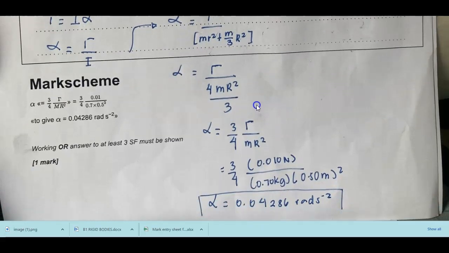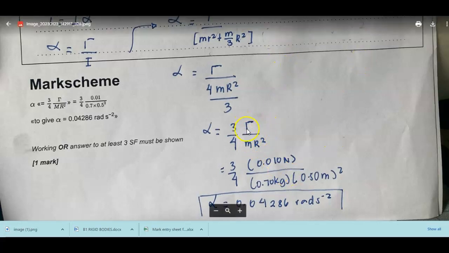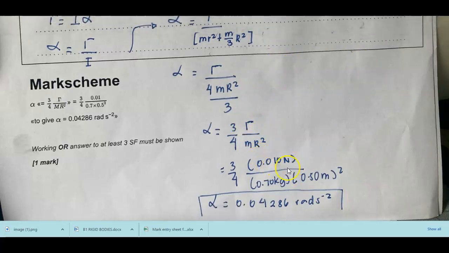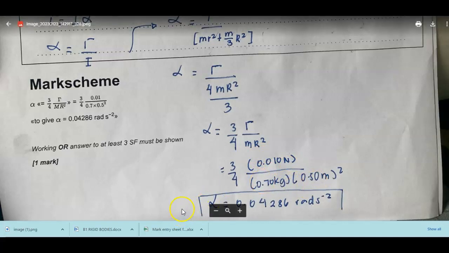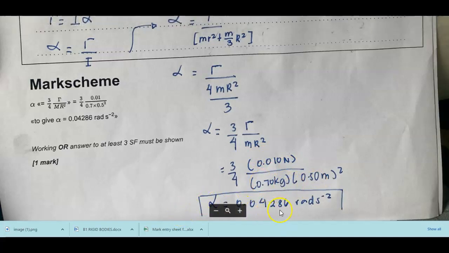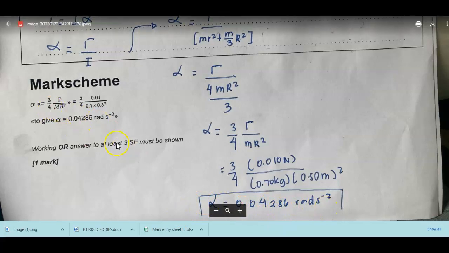Now, in mathematics, when you divide tau by a fraction, this becomes an inverse, thus becomes 3 over 4 times tau over mr squared. Now, substituting the values here, we have torque, which is 0.010. We have mass given and R given. Thus, our deceleration is 0.04286 or 0.043 rad per second squared.